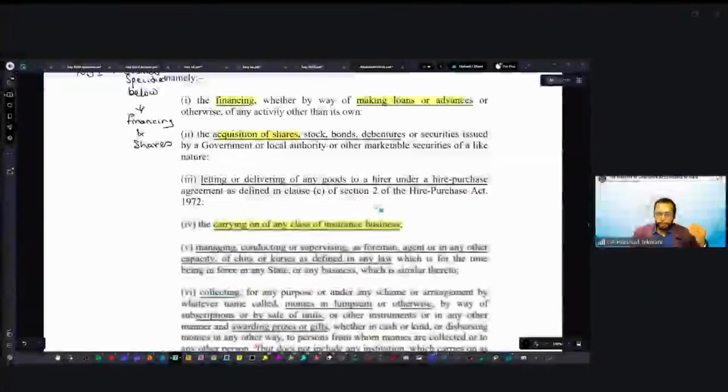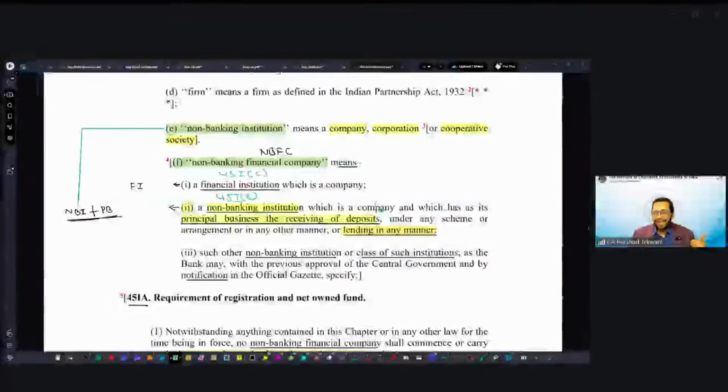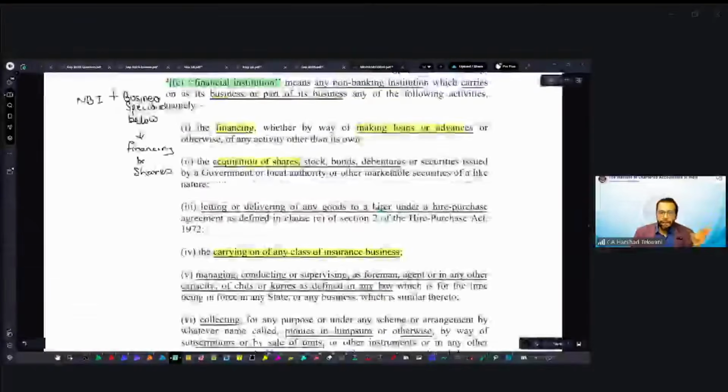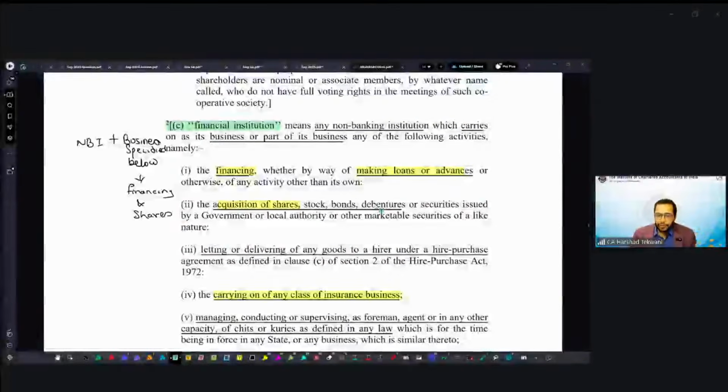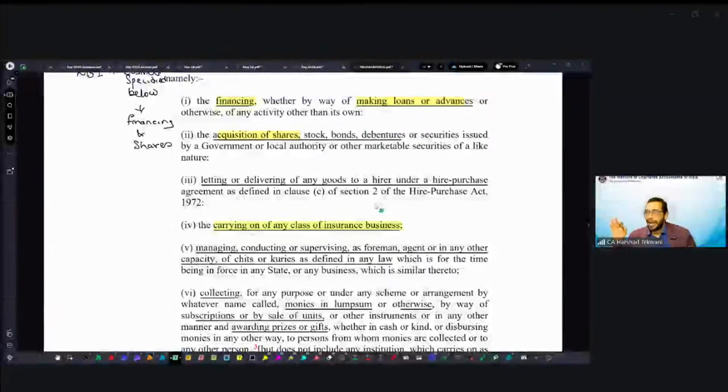So in a nutshell, if you are into lending, if you are into receiving deposits, if you are into financing, if you are into the acquisition of shares, if you are into any class of insurance business, you are an NBFC. You need to obtain a certificate of registration before you start your operations.